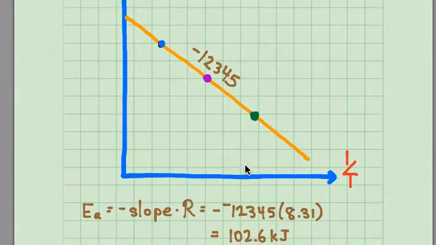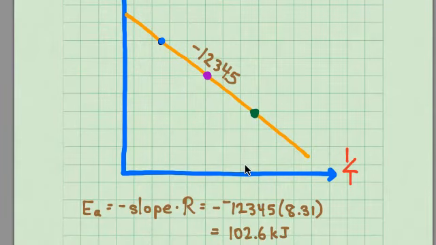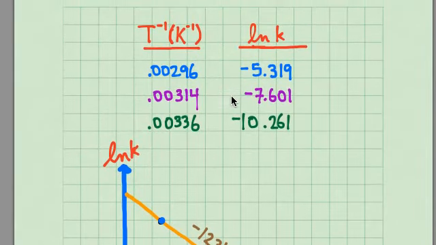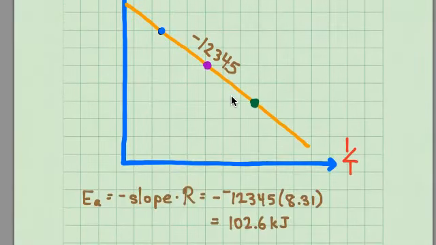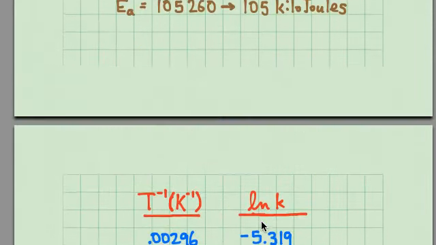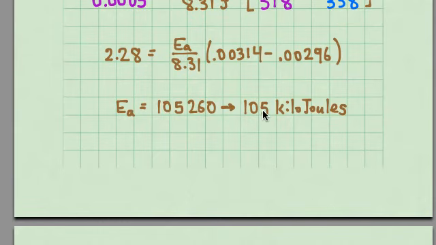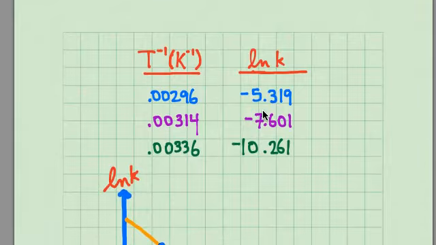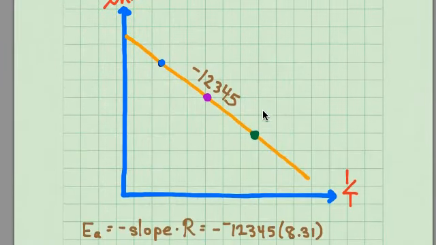I think on this one I found the slope via a graphing calculator. I took these points and put them on some kind of mechanical program that could help me figure it out. Here I got an activation energy of 103-ish kilojoules, compared to up here 105. So either way you look at it, pretty close. I guess that's another way of saying these 3 points fall in fairly straight alignment.